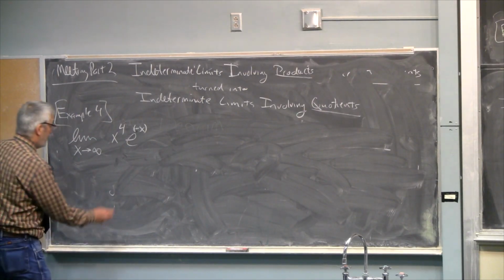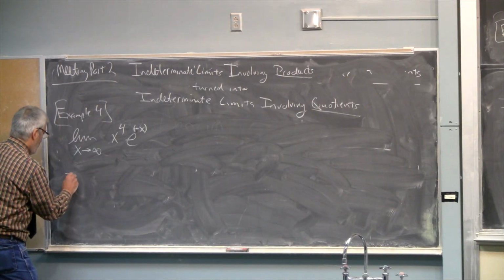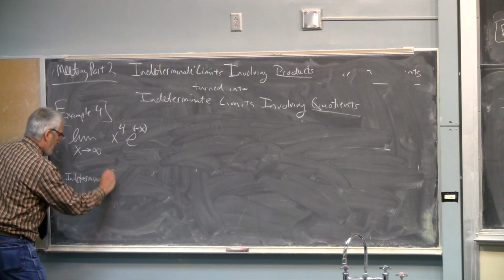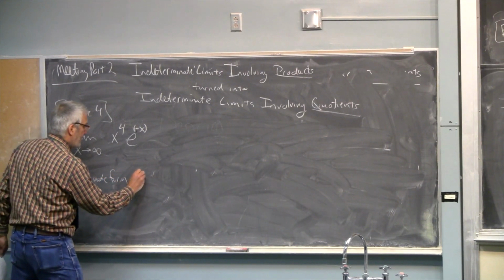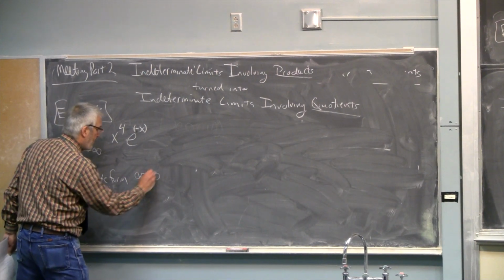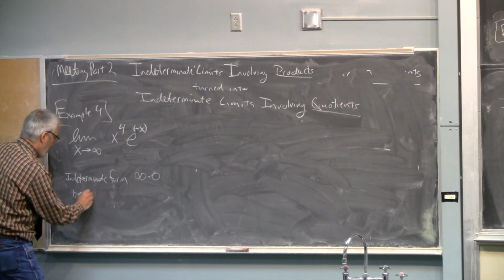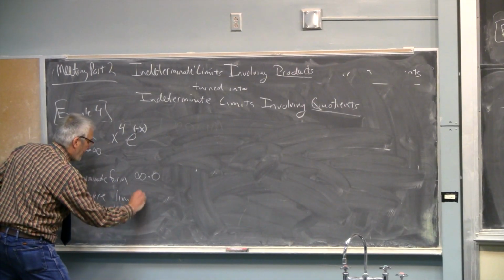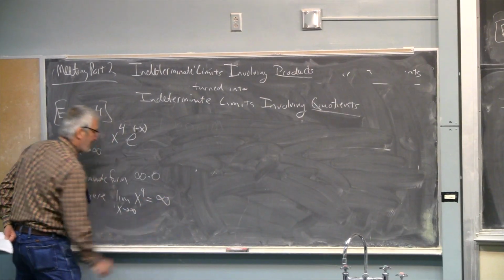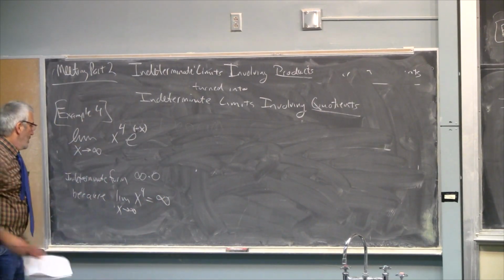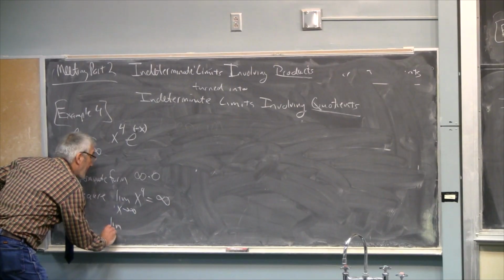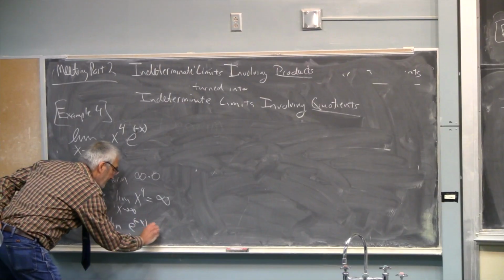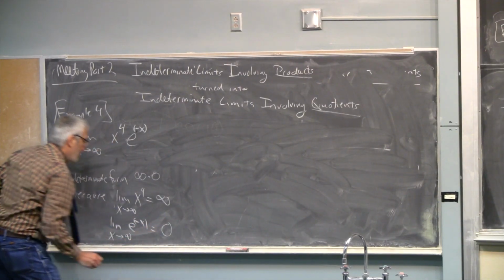Now, this is a form infinity times 0. That's because the limit as x goes to infinity of x to the 4th, well, that's clearly infinity. That's a graph that's going up on both sides. And the limit as x goes to infinity of e to the minus x is 0.